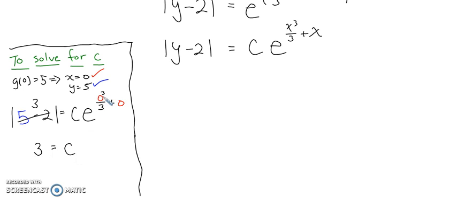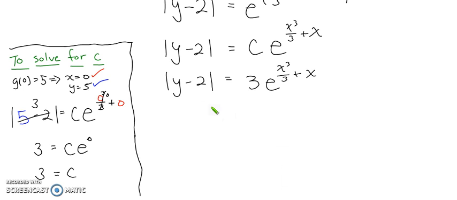Then 0 cubed is 0, 0 over 3 is 0, so 0 plus 0 is 0, and we get c e to the 0, which is just 1, so c is equal to 3. With c equal to 3, I now have the absolute value of y minus 2 equals 3 times e to the x cubed over 3 plus x.